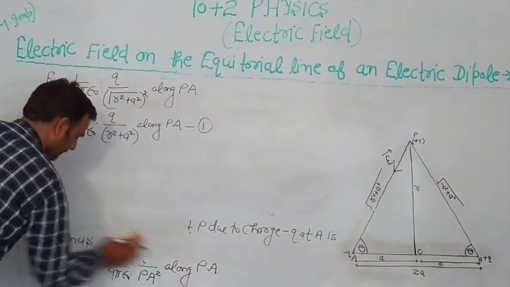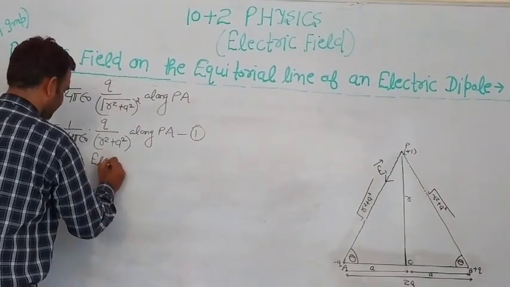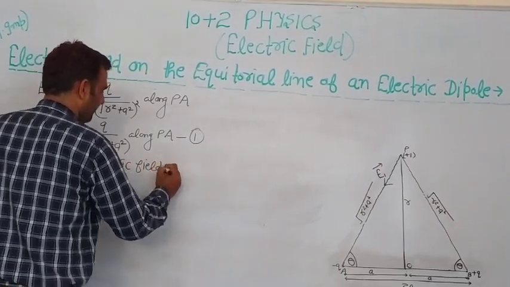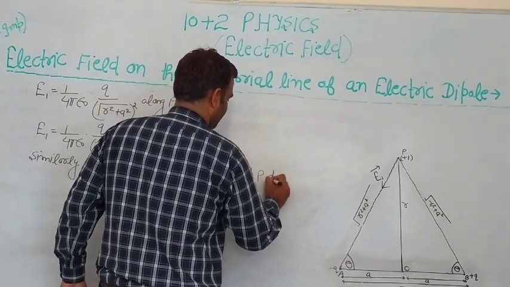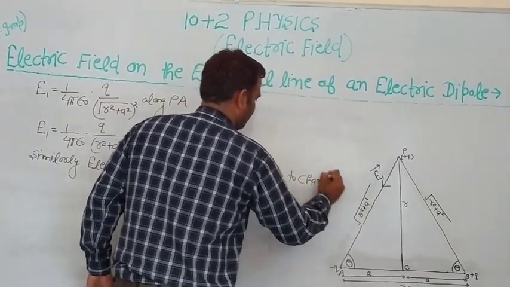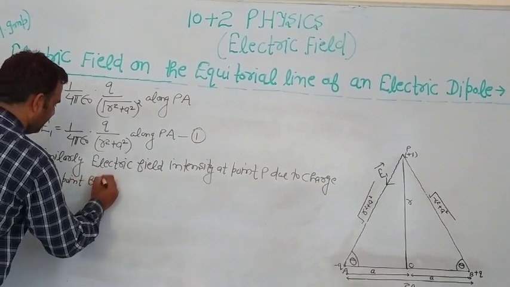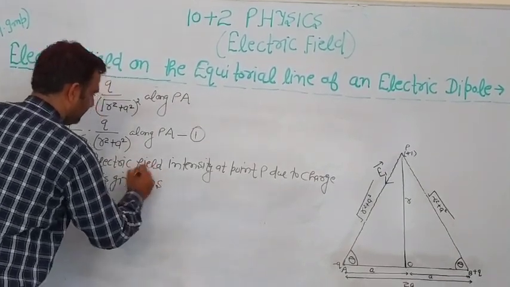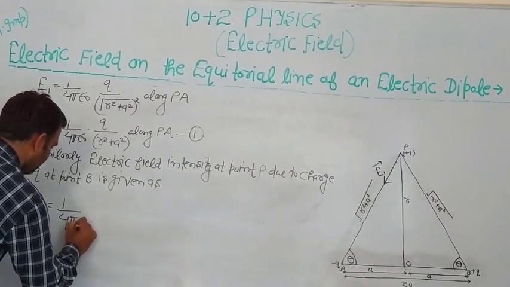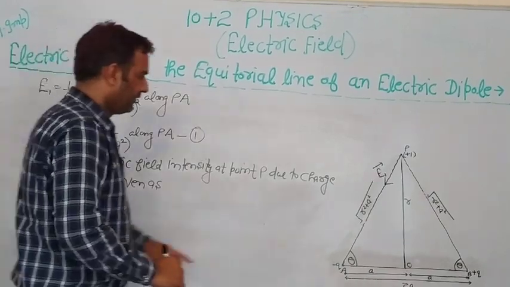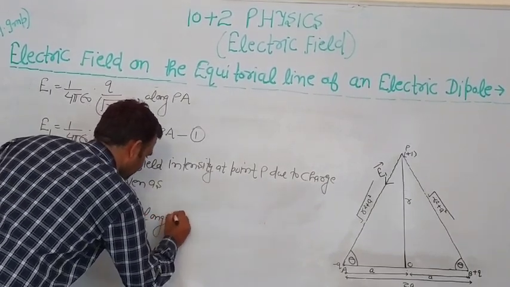Similarly, the electric field intensity at point P due to charge plus Q at point B is given as E2, equal to 1 upon 4 pi epsilon naught, Q upon BP square, and the direction is along BP.